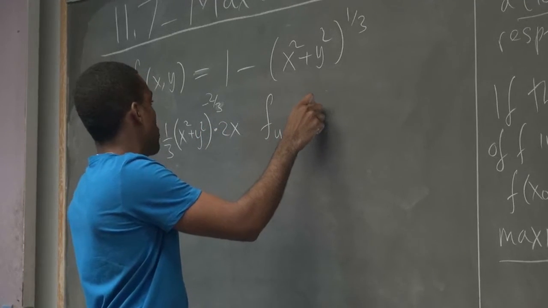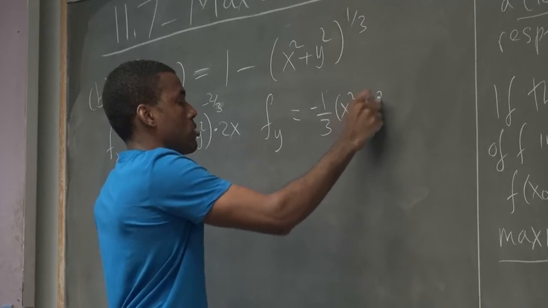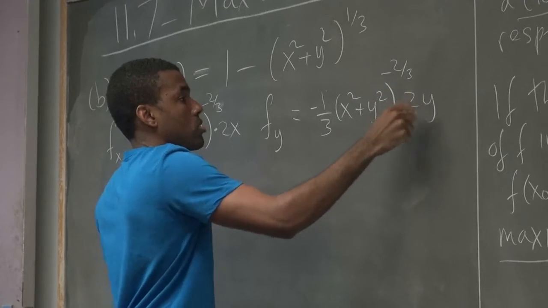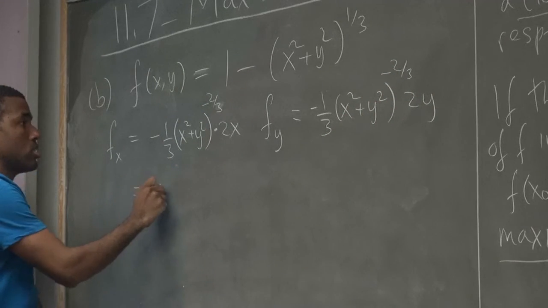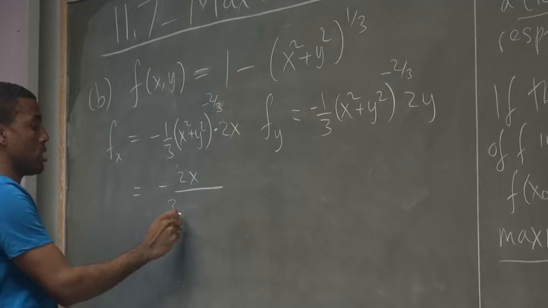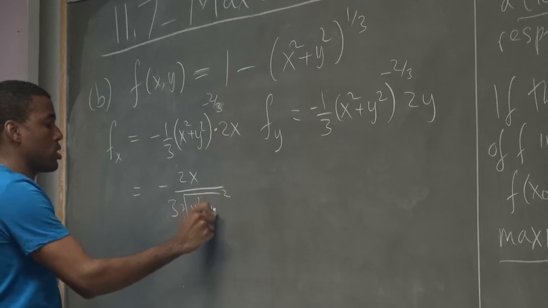Same thing times 2y. So this is actually minus 2x over 3 times the cube root of x squared plus y squared.